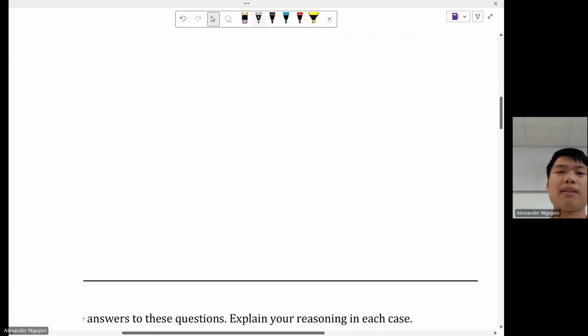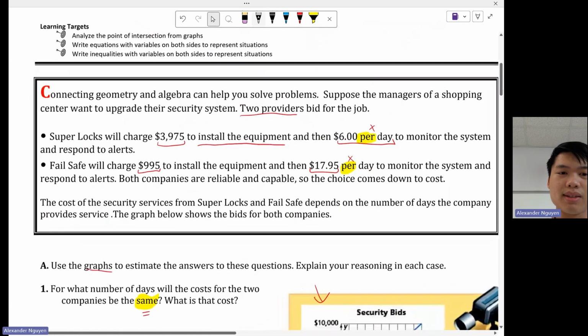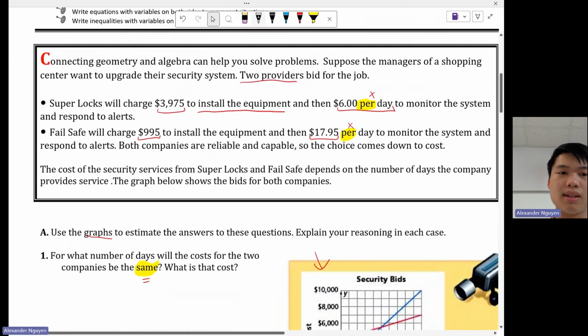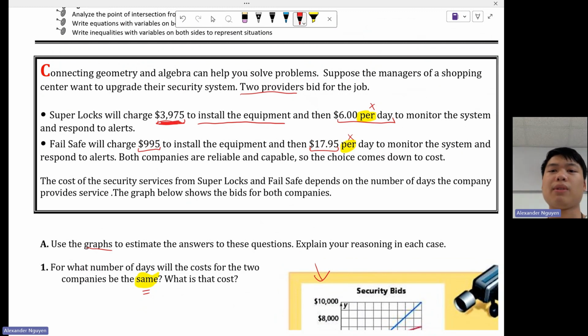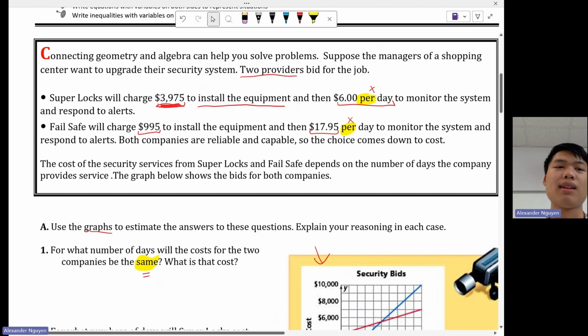Okay. So remember that Superlocks, the initial charge there is $3,975, even if you haven't had any days yet. If you're at 0 days, you should be at 3,975. And then for Failsafe, we start at 995.